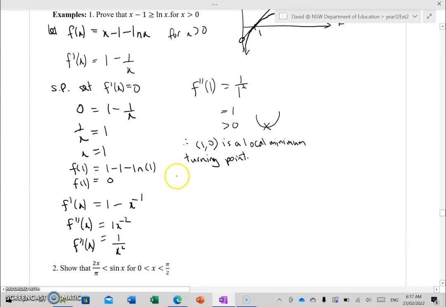Remember that from your 2-unit work that we need to now write down a particular quote. Now your other classes might use very slightly different wording, but this is the wording that I've used with my class.